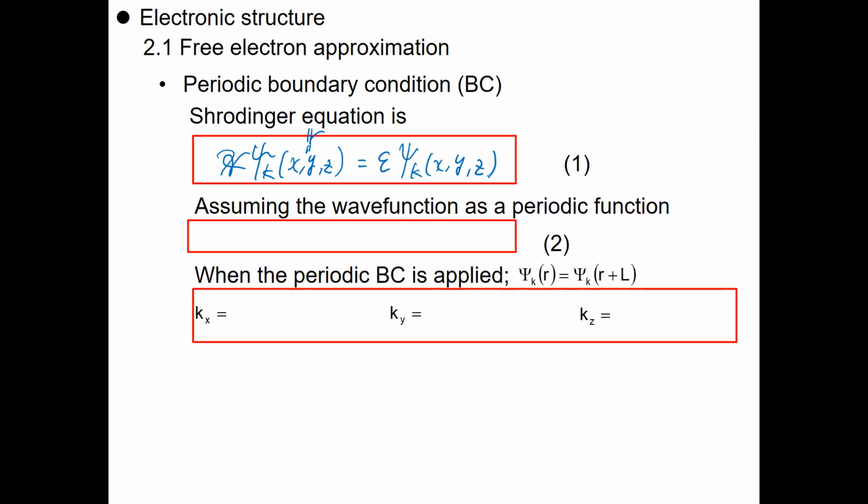And under the periodic boundary condition, we can assume that the wave function also has some periodicity. So psi_k(r) can be described as some constant times exponential i k r.